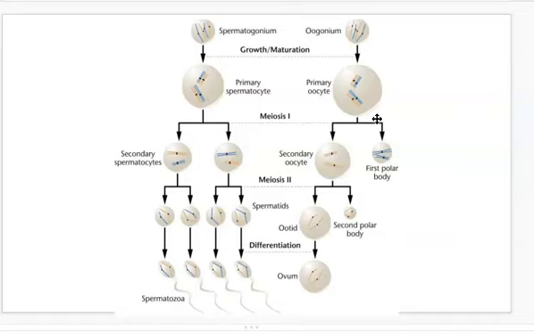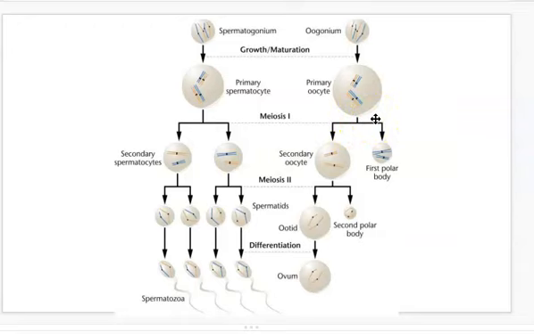Now, once the girl hits puberty, one oocyte will start to mature each month once puberty starts. Meiosis 1 will be finished right before ovulation of that month. So whatever oocyte has started to mature will finish meiosis 1 right before ovulation.